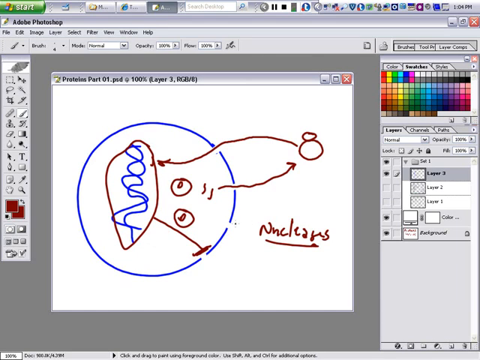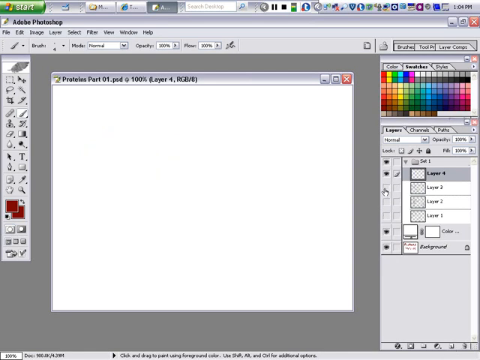But that's okay. Okay, let's look at the two types of proteins here. There are structural proteins which look like they're long like fibers. And so this is a structural protein. Structural proteins are long like fibers.